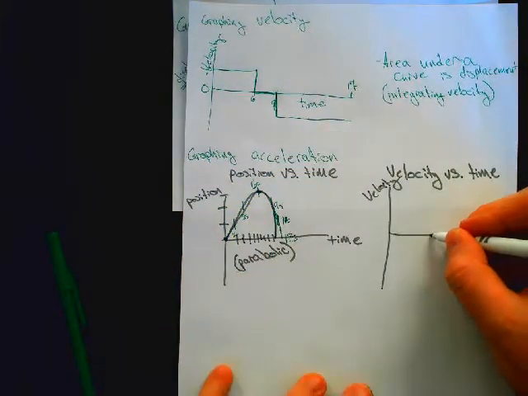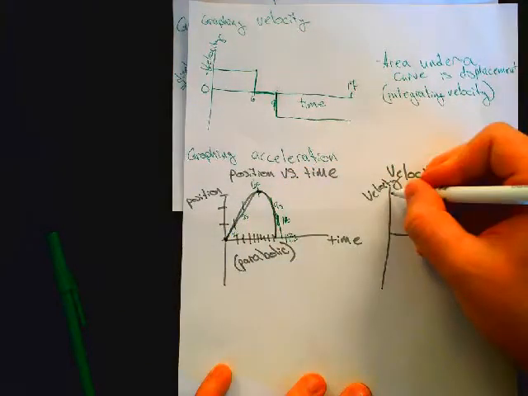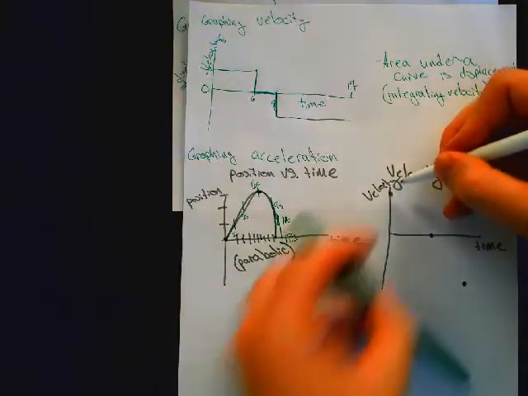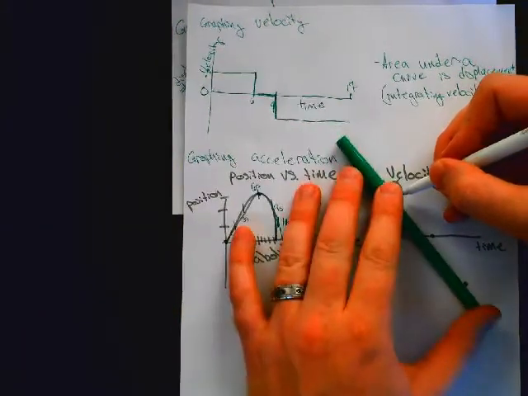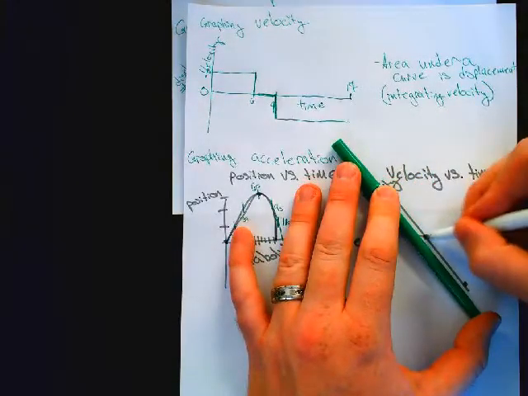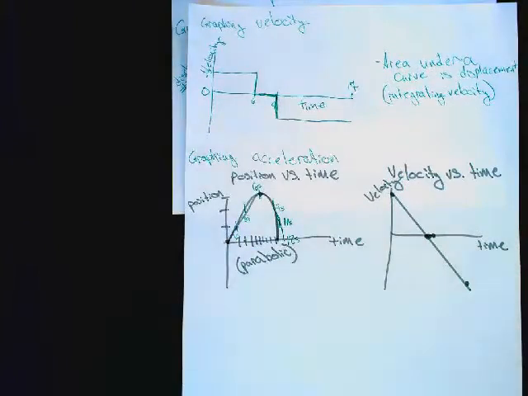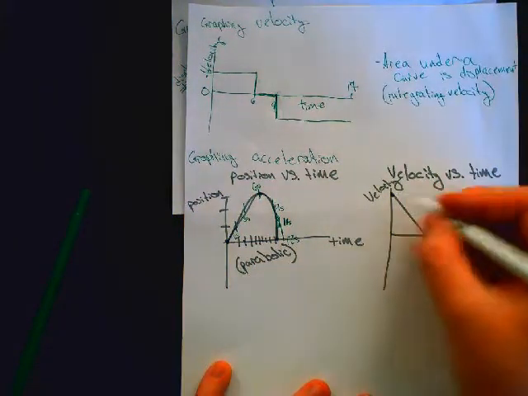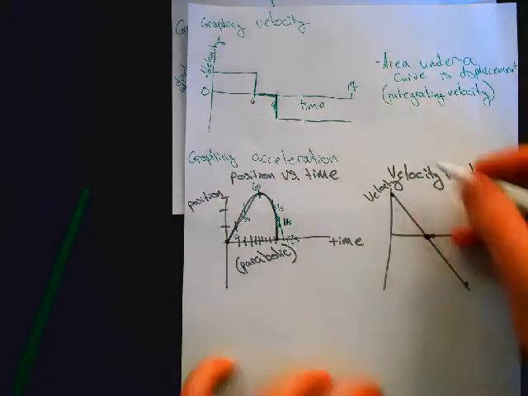So I'm going to mark that one here. I know this is my highest velocity, and this is my greatest negative velocity. So in this case, I'm going to be able to draw, my dot's there, a straight line showing the change in velocity. Okay, so went from positive to negative.